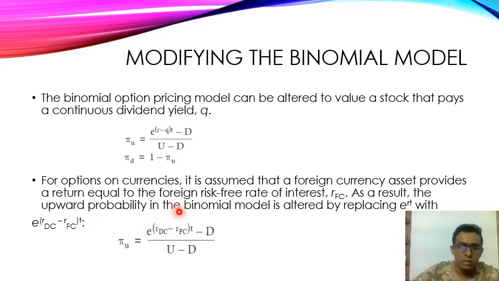So the domestic currency risk-free rate here minus the risk-free rate in the foreign country, RFC, into t. RFC is assumed to be positive, just like a dividend yield. So that is how we alter this formula for finding out the probabilities at upstate and downstate, so that we can work with our binomial tree models.